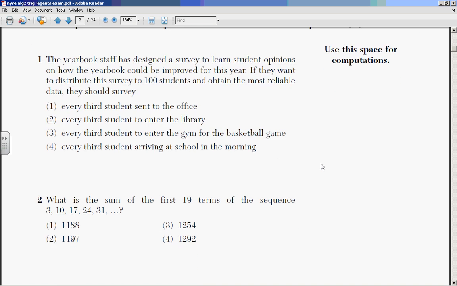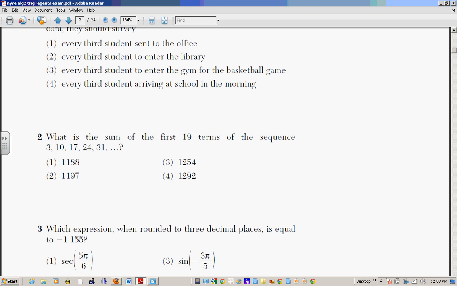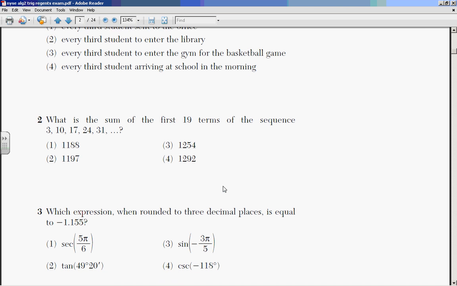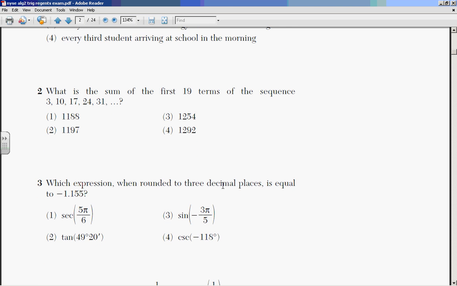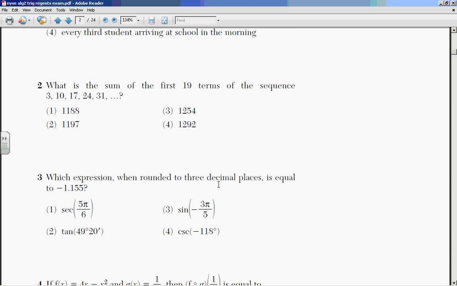Question 2 says, what is the sum of the first 19 terms of the sequence 3, 10, 17, 24, 31? So when it comes to sequences, there are 4 formulas to keep in mind: the geometric formulas and the arithmetic formulas. So let's look at this series that we have right here.